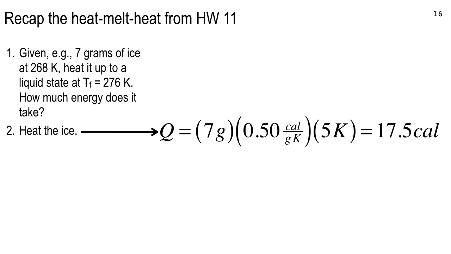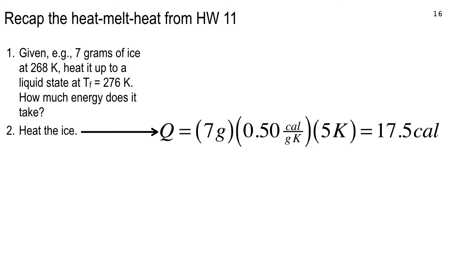Similarly, Kelvin in the third parenthesis cancels Kelvin in the denominator of the middle parenthesis. So you're left with calories. Grams and kelvins cancel. That's what we want. Calories are a unit of energy, and so we've got calories. And it works out to 17.5 for this example.